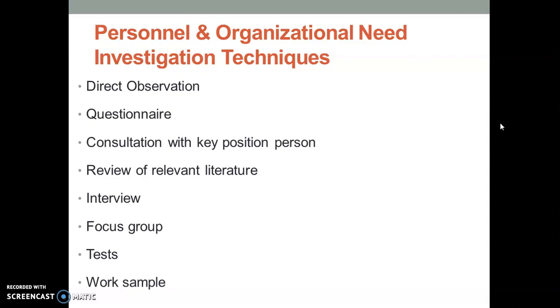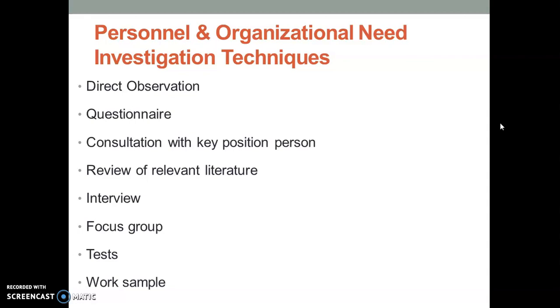The next method available is the review of relevant literature. The review of relevant literature means we go for study related to, we go for content related to the literature which is available for the training.